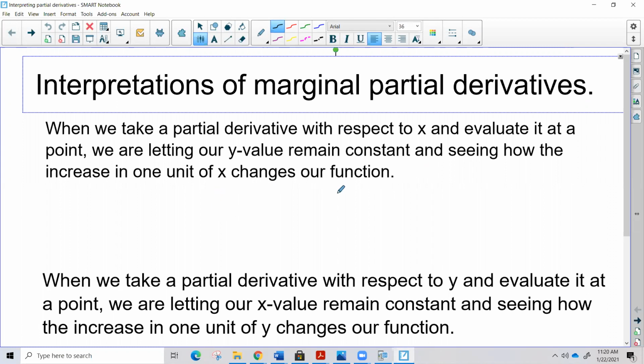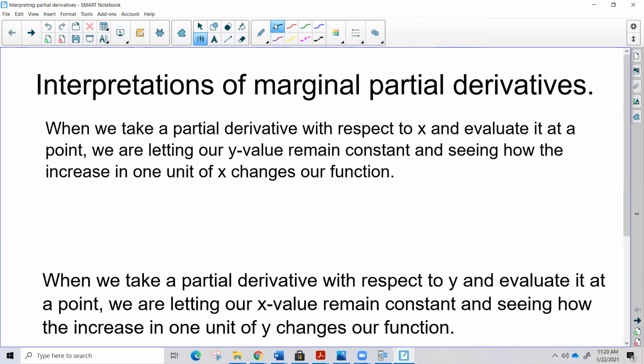So remember, marginal production means how much is the cost or the revenue or the profit increasing or decreasing when we change from x to x plus 1 units.